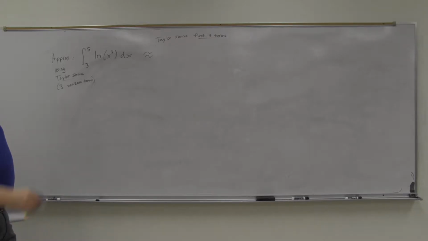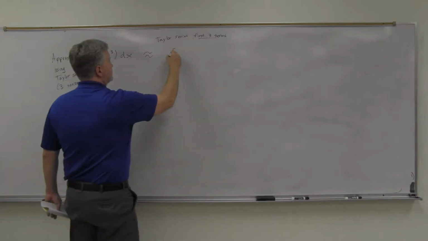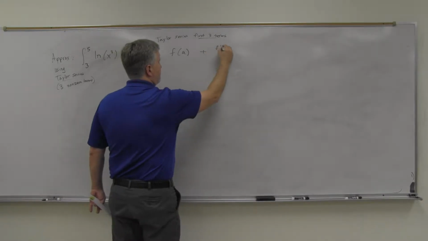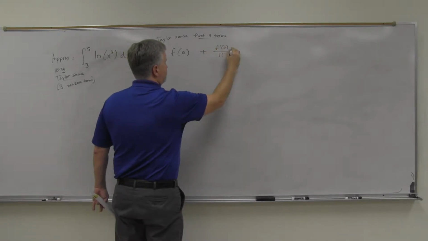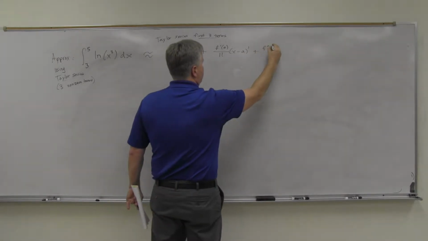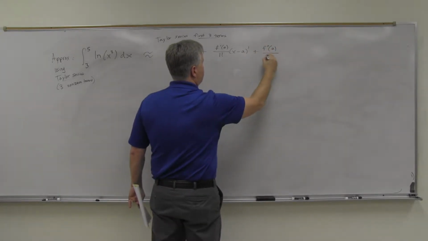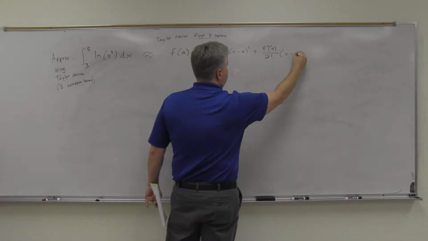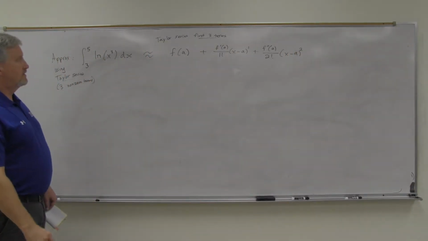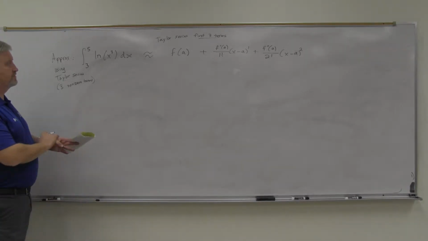So the Taylor series, we start off with f of a plus f prime of a over 1 factorial times (x minus a) to the 1, plus f double prime, the second derivative of a, over 2 factorial times (x minus a) squared. That'll probably be non-zero terms. I guess we can make sure about that.